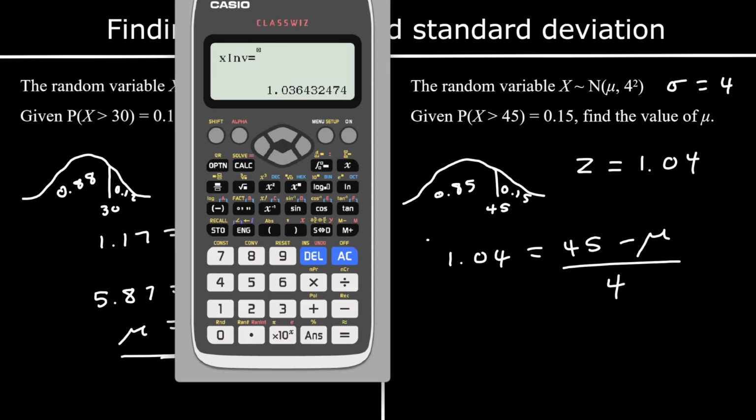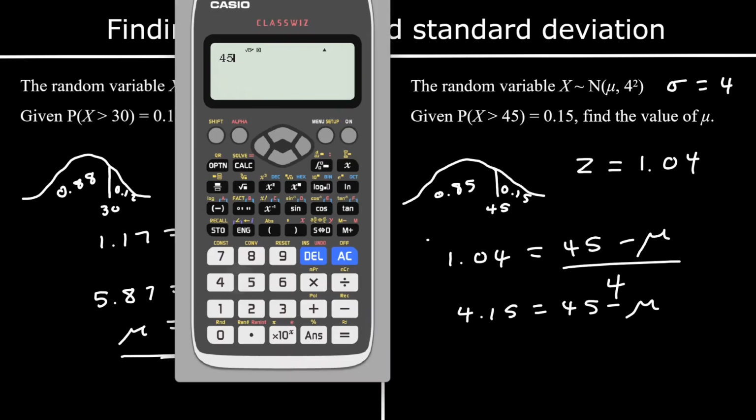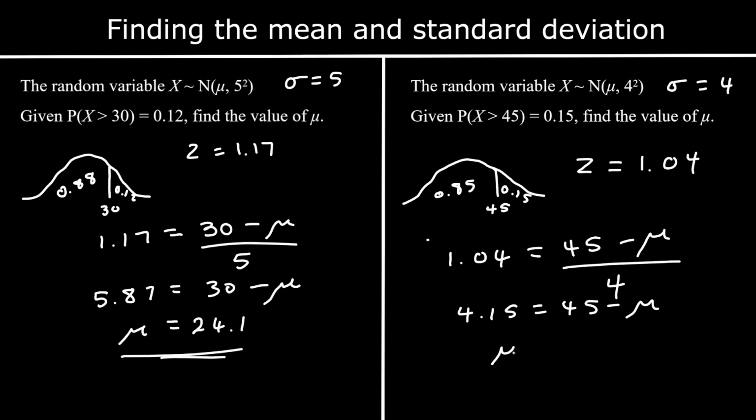So times by 4, 4.15. 4.15 is 45 minus the mean, so plus the mean, take away 4.15, so 45 minus answer is 40.9. So the mean is 40.9.